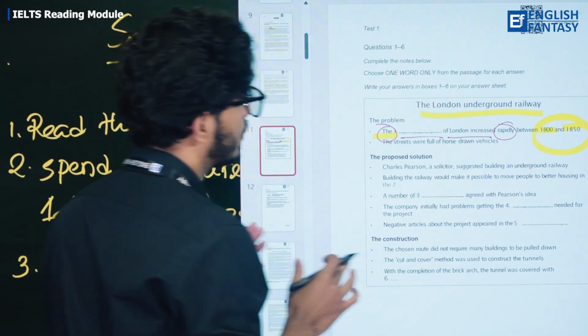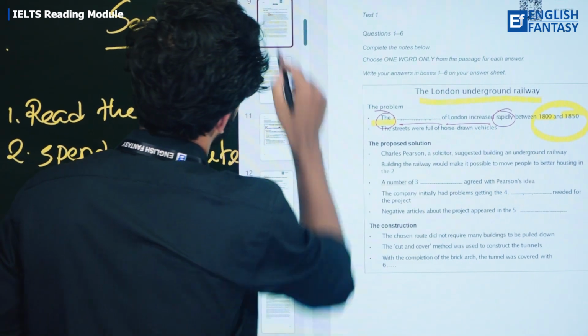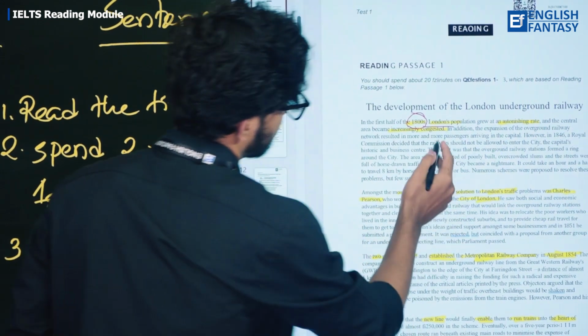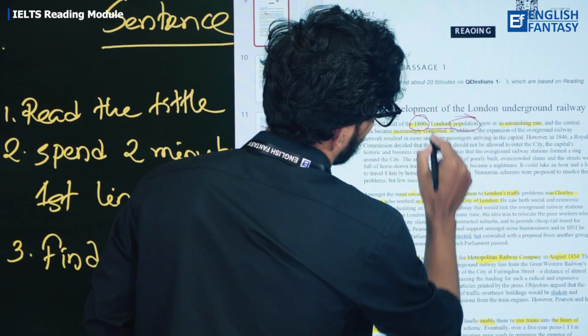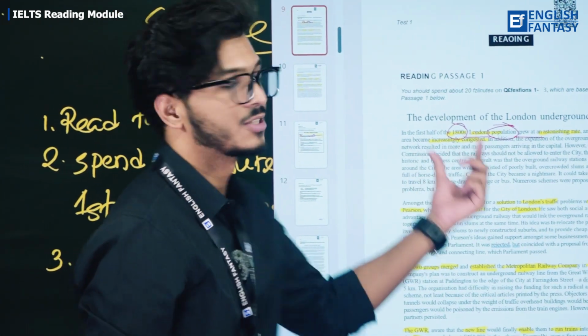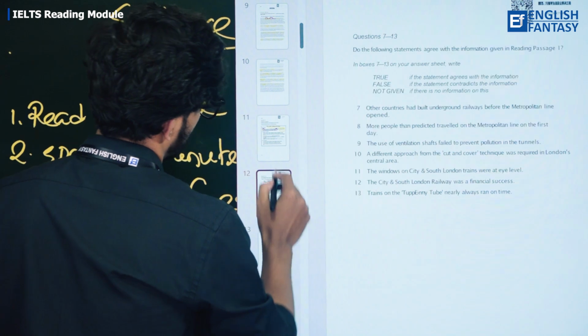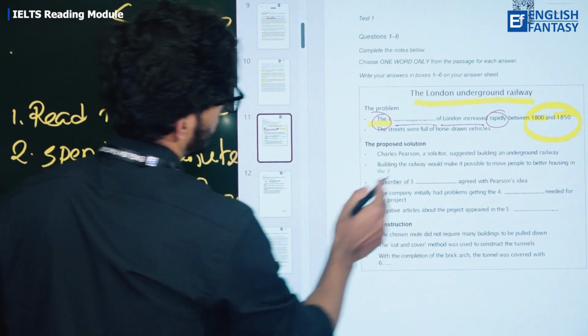So we have to find what is increasing. The increasing is obviously London's population. London's population grew at an astonishing rate. So the answer should be population. So our first answer is population.